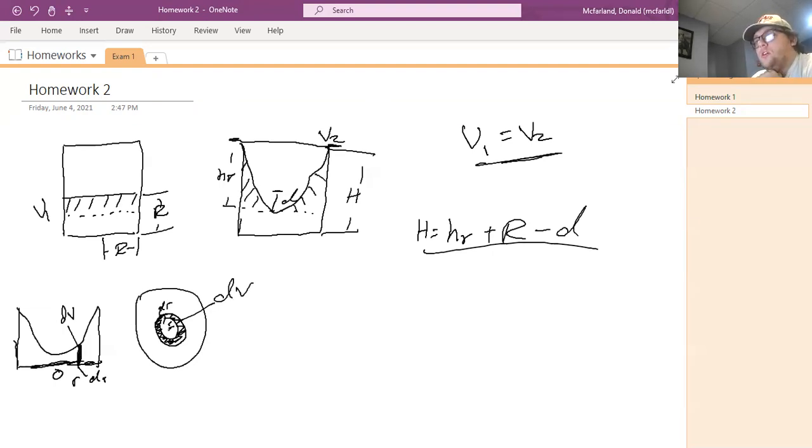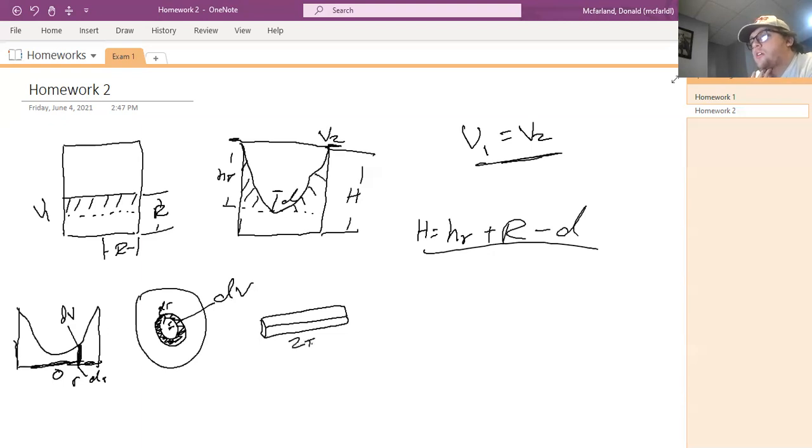So say we were to cut the shape right here and stretched it out. We'd be left with something that looks like a rectangular prism. To get the volume of this rectangular prism, what you need to do is you need to multiply the depth times the width times the height. So our width in this will be the circumference of the inner circle.